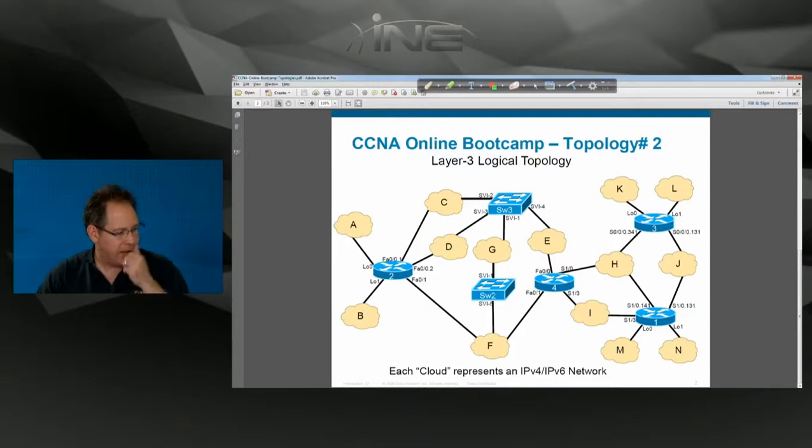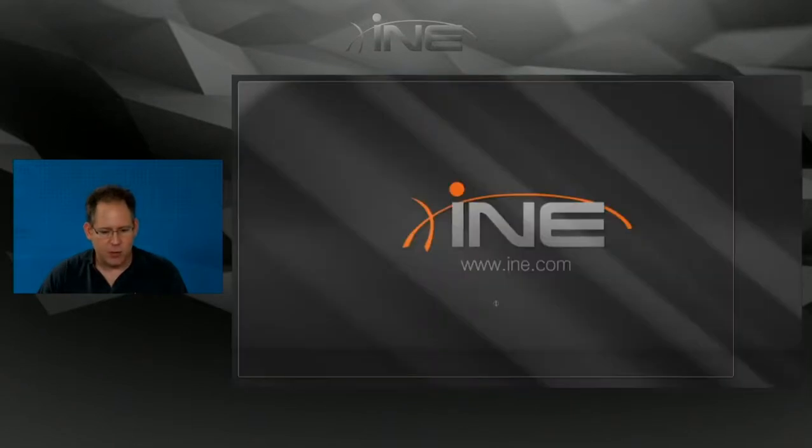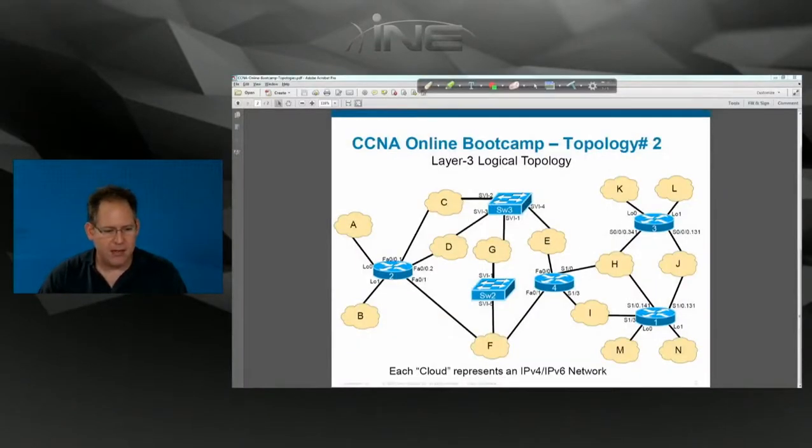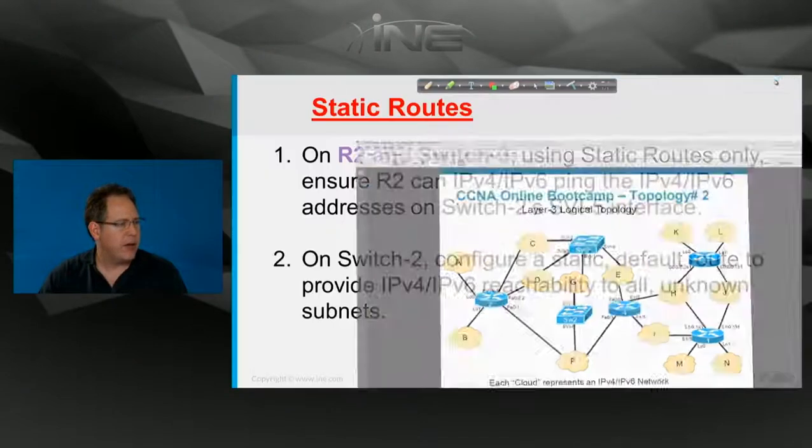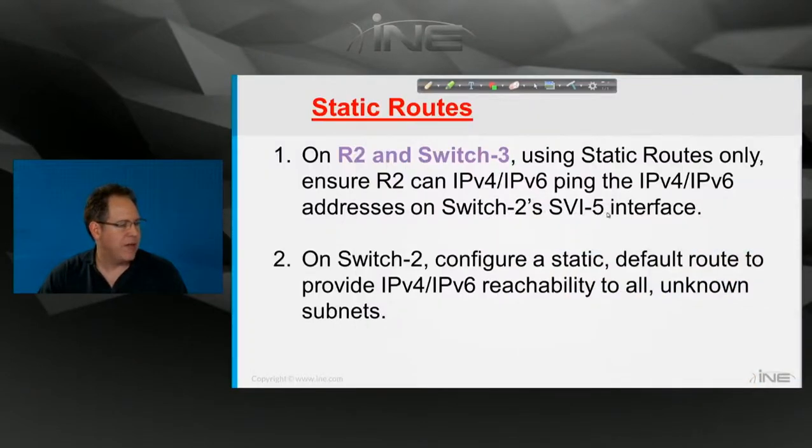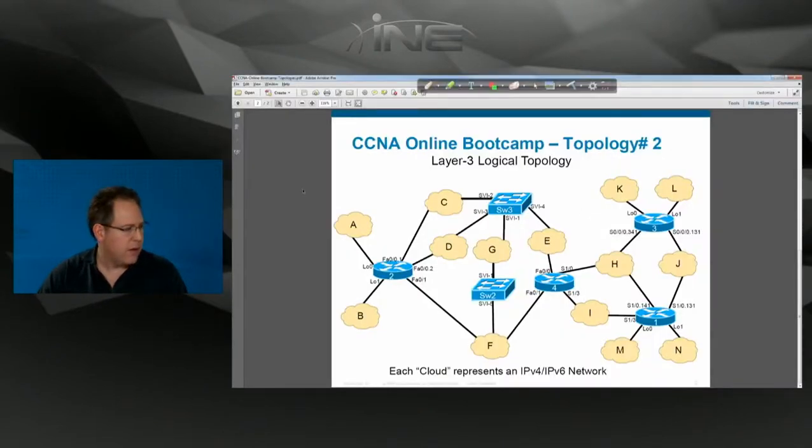And just as a recap, if we go back to this, we know that in order for R2 to ping the SVI5 interface of switch 2, and that is what we're told to do right here, we got to reach the switch 2's SVI5 interface. R2 cannot send packets across Fast Ethernet 0/1, because that's currently a PPP over Ethernet connection.